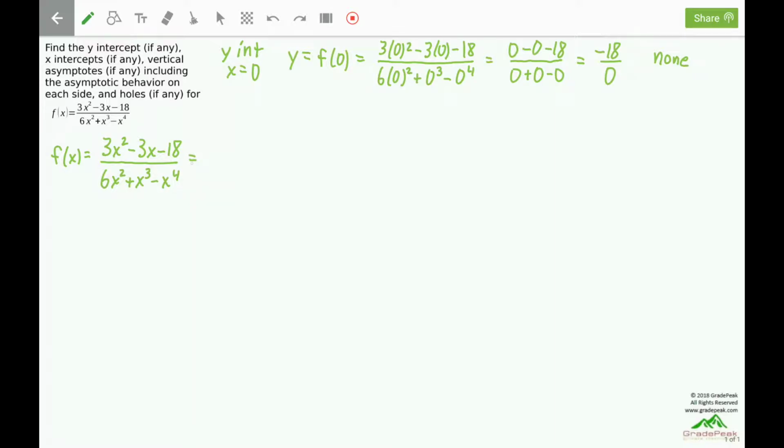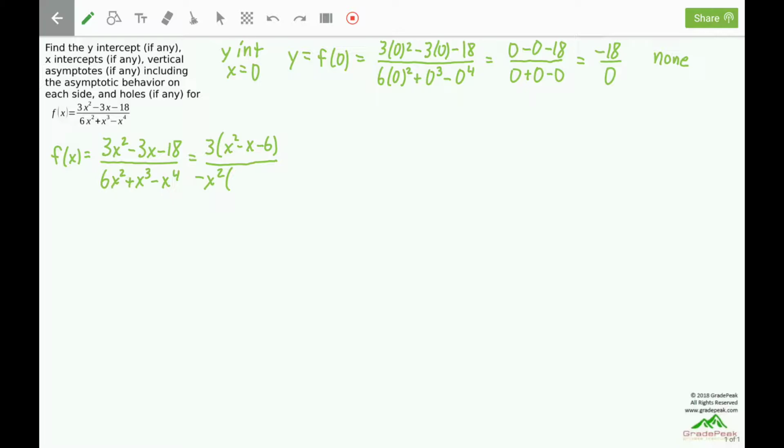The numerator has a common factor of 3, which will leave behind x squared minus x minus 6. The denominator has a common factor of x squared, but since the highest order term is negative, we may want to factor a negative out with it, so negative x squared, which means that the first term, 6, will become a negative 6. We'll write that last.